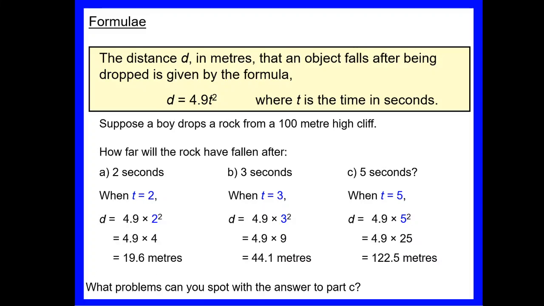So with these reasoning questions, remember you have to go back, reread through the question, have a look at your answer, and see if you can spot any issues with it. So obviously the rock must have hit the floor before 5 seconds, because the cliff is only 100 metres high, and after 5 it should go 122. So it must hit the floor somewhere between 3 and 5 seconds.